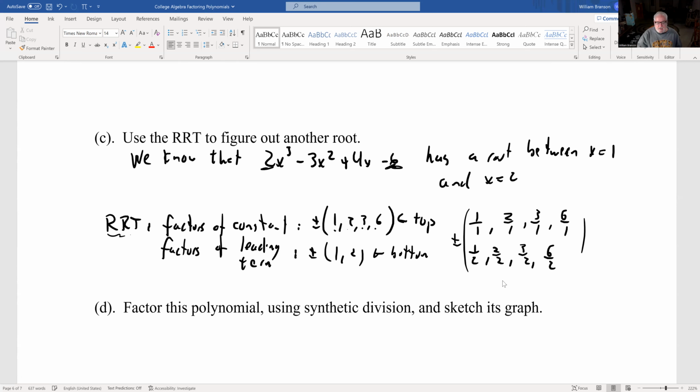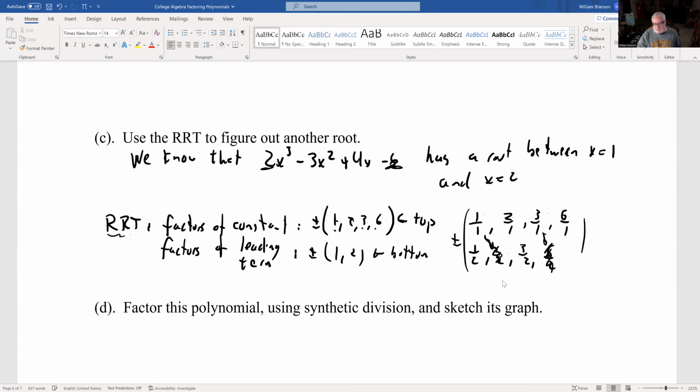Plus or minus, right? So we take these numbers, we put them up in the top, 1, 2, 3, 6, and we put 1s in the bottom and 2s in the bottom. This is equal to 1, 2, 3, 6. 2 over 2 is equal to 1, so that's repeated. 6 over 2 is equal to 3, so we don't need that.